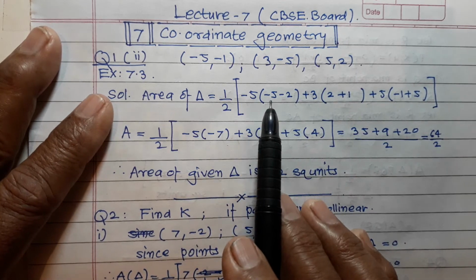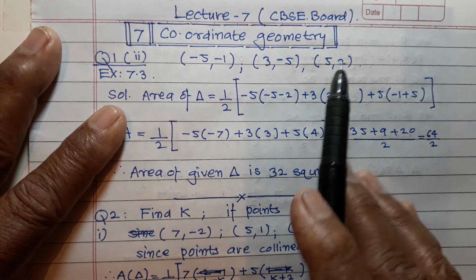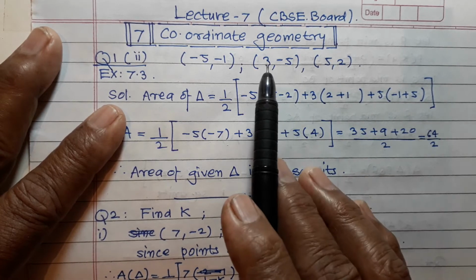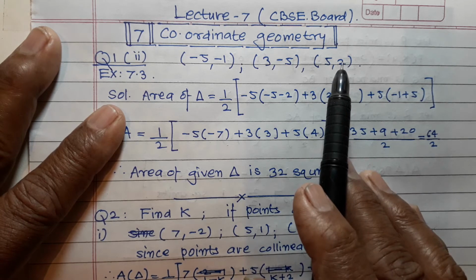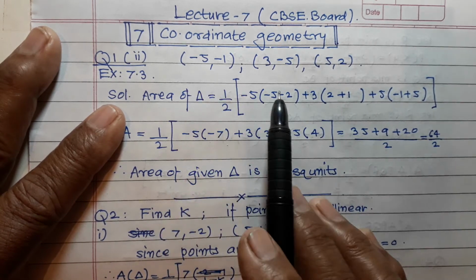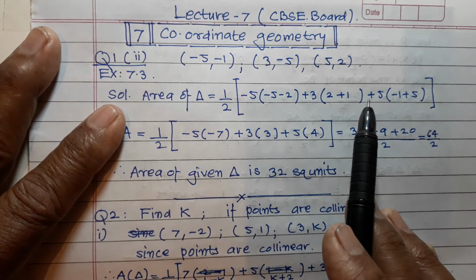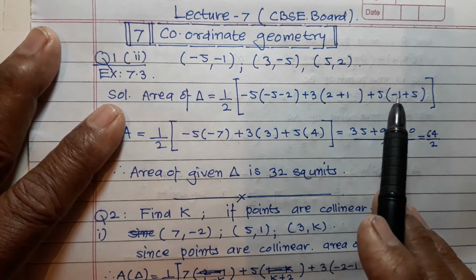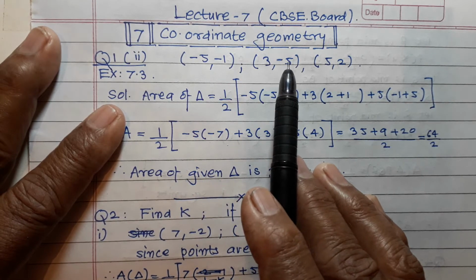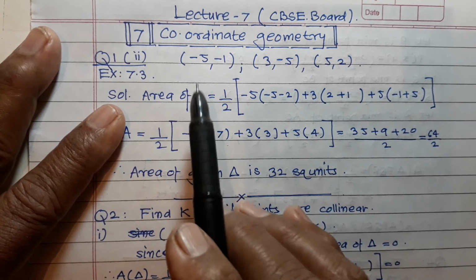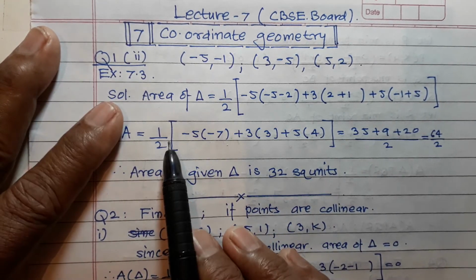Minus 5 into bracket minus 5 minus 2, plus 3 into bracket 2 minus 5, plus 2 into bracket minus 1 minus 1 plus 5... into bracket minus 1 minus 5, that is plus 5, and therefore A is equal to 1 upon 2.